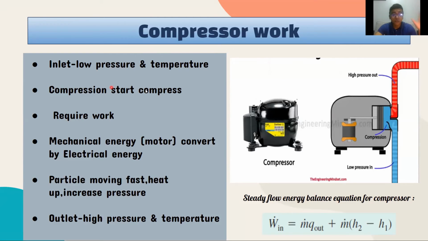At the inlet, we have a low pressure and low temperature vapor refrigerant. Here, look at the figure we have. The compressor will start to compress the refrigerant. We know it will require work. To apply the force, the work comes from mechanical energy, which is applied by the motor.